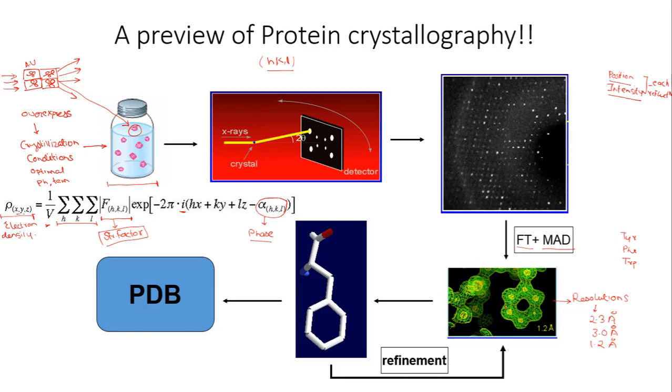And once you are satisfied that you have a model that perfectly fits your electron density map data, you submit that model to a public repository like RCSB PDB, the Protein Data Bank.